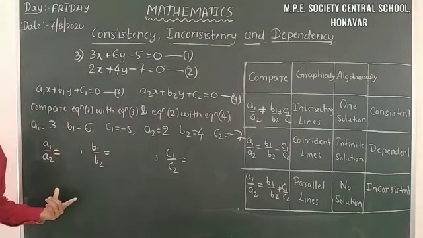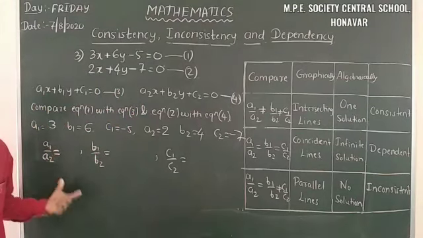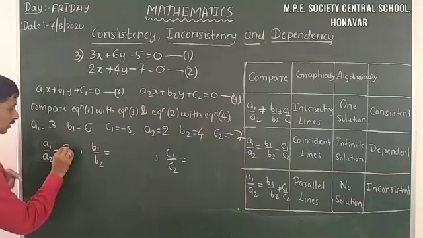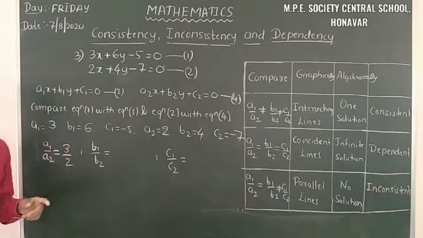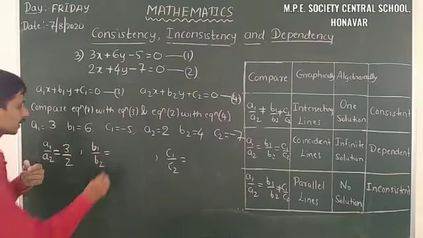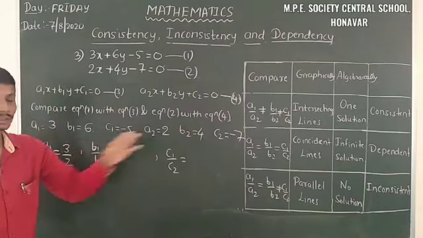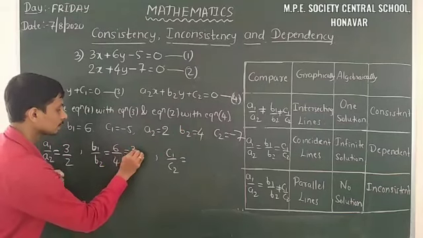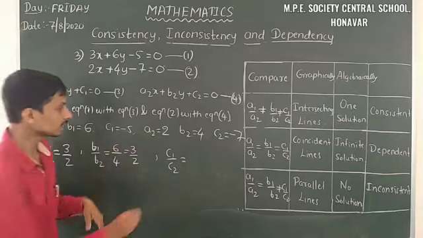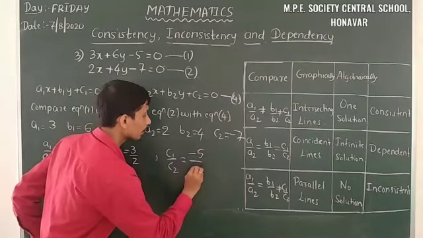We have to take the ratios of a1 by a2, b1 by b2 and c1 by c2. So here a1 by a2, a1 is 3 and a2 is 2, that is 3 by 2. Then we have to take the value of b1 by b2, that is b1 is 6 and b2 is 4. So we can write it as 3 by 2. Then c1 by c2, c1 is minus 5 and c2 is minus 7.